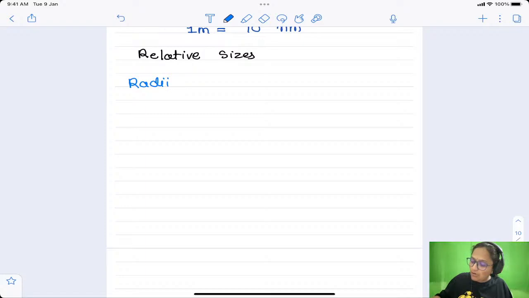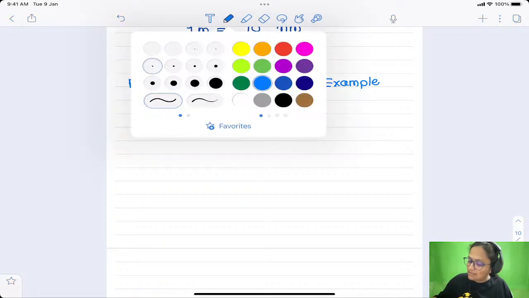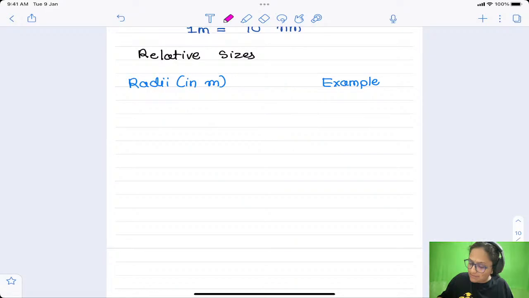Radia is the plural of radius. Radius is singular, radia is plural. Radia are given in meters, and here I am going to write down the examples. Okay, let us start. So first is radia in 10 power minus 9 meters, and the example is the hydrogen atom.